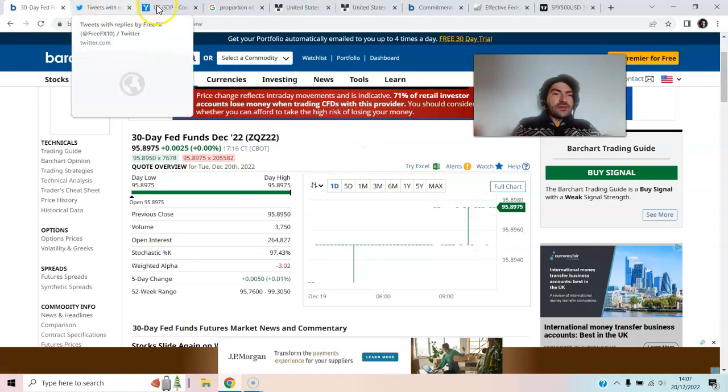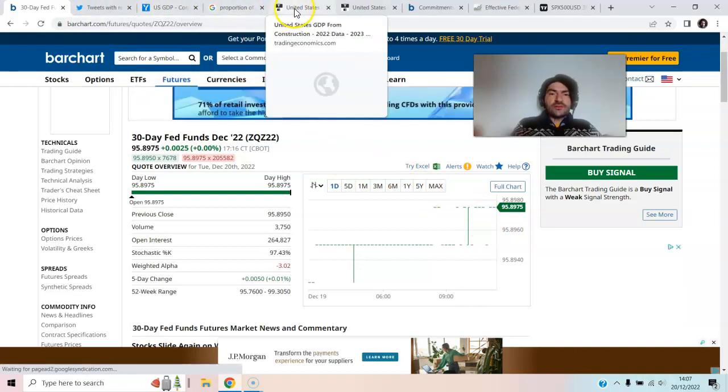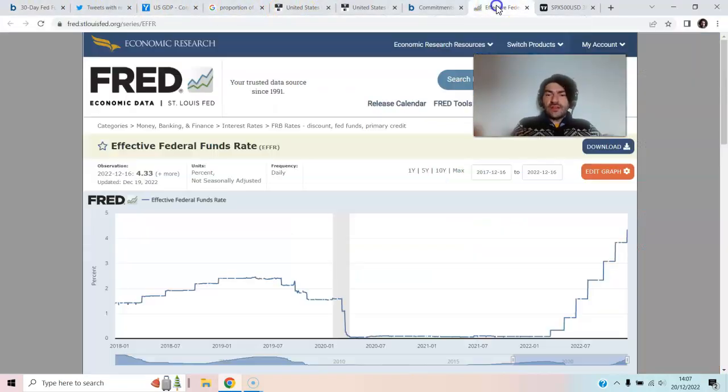But if you look at the actual effective Fed funds rate, we are higher than that, because we are at 4.33. So the implication is that markets, quote unquote, or people who trade on the Fed funds have not fully priced in or realigned with the Federal Reserve's projections.